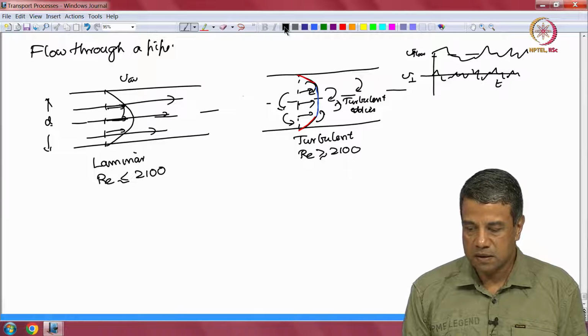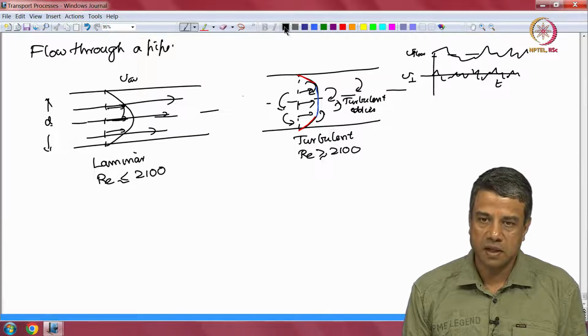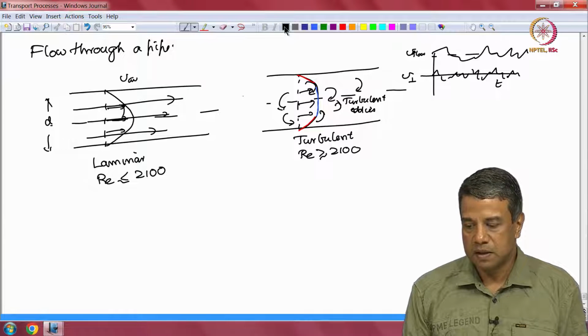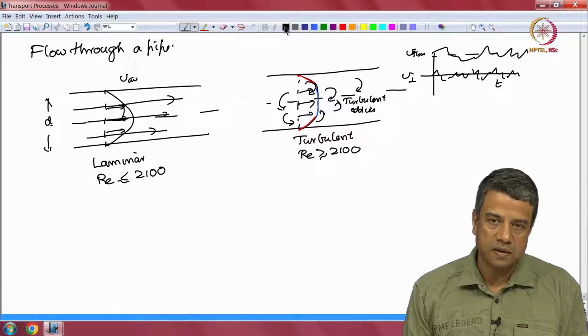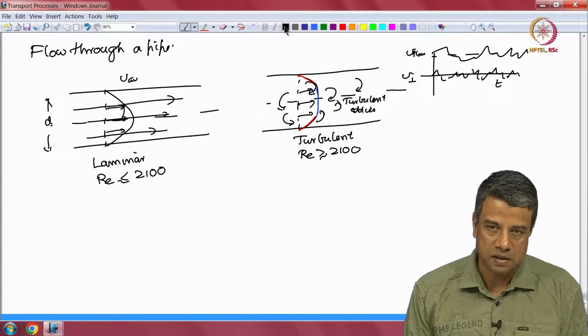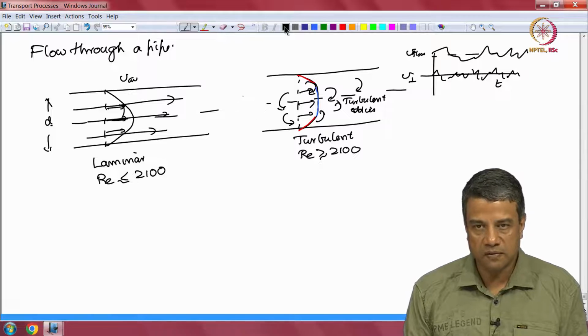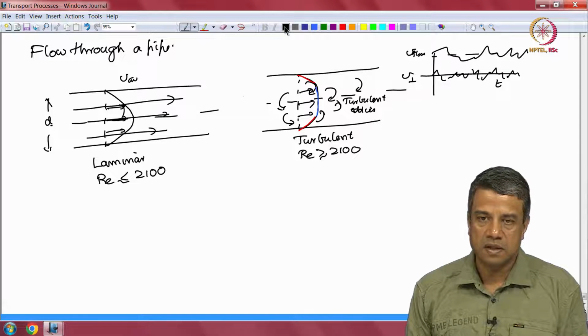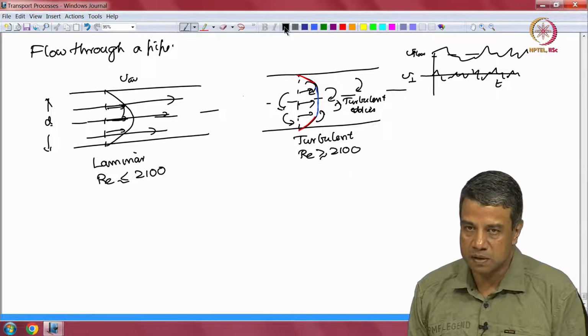In this case, because you have parcels of fluid called eddies in correlated motion throughout the flow, the transport in the cross stream direction also takes place due to turbulent eddies, due to the turbulent fluid velocity fluctuations. And in a turbulent flow, cross stream transport is primarily due to the turbulent eddies.